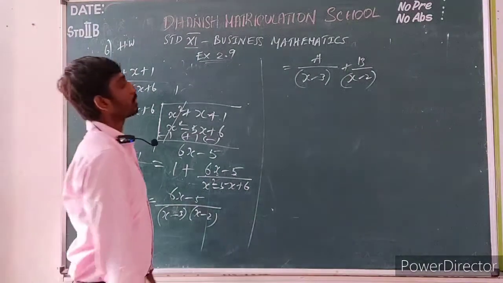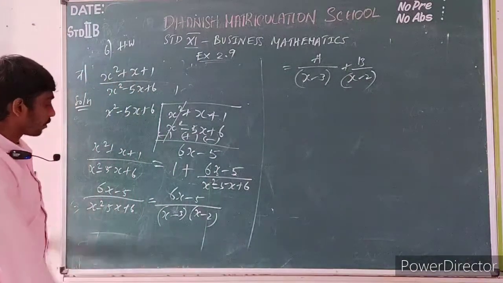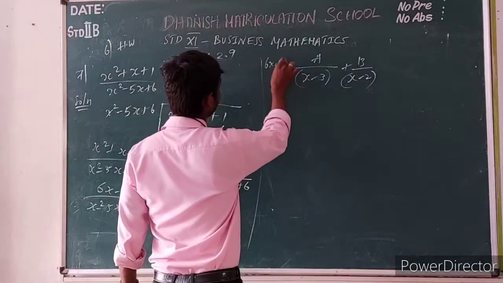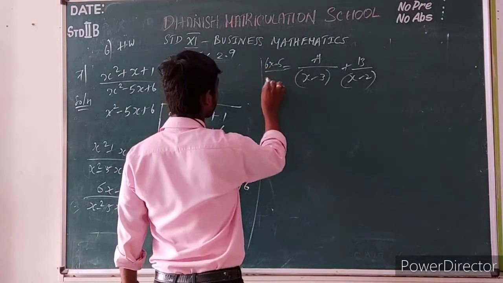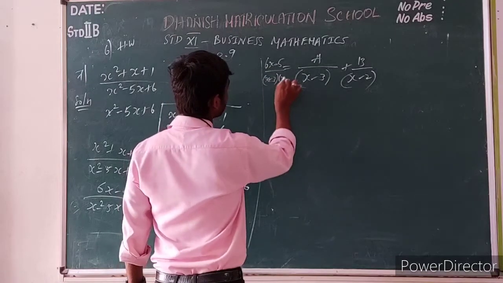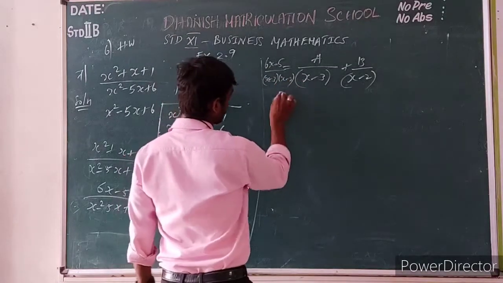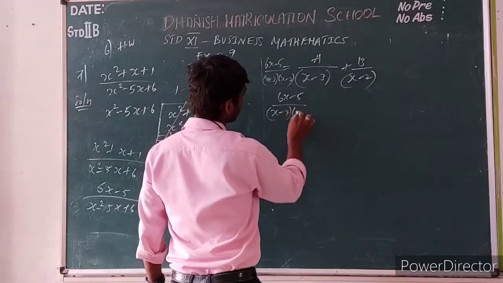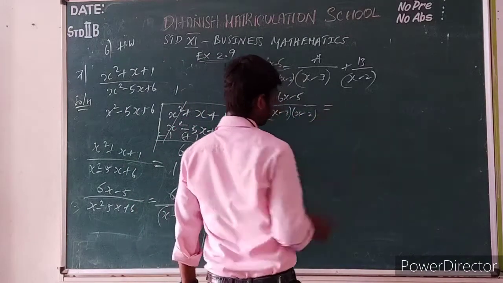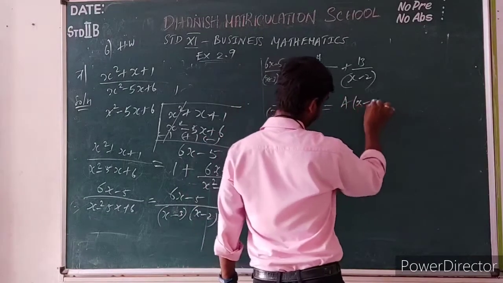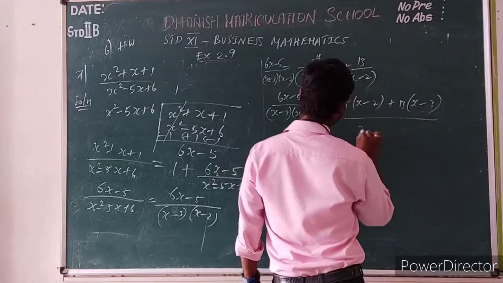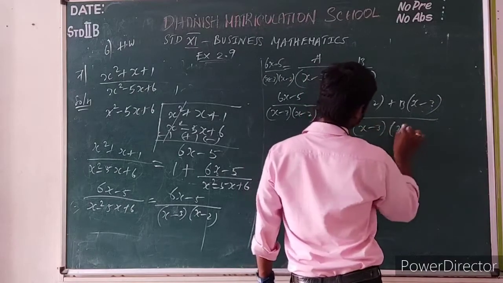Then cross multiply: 6x minus 5 over (x minus 3)(x minus 2) equals a(x minus 2) plus b(x minus 3) divided by (x minus 3)(x minus 2).